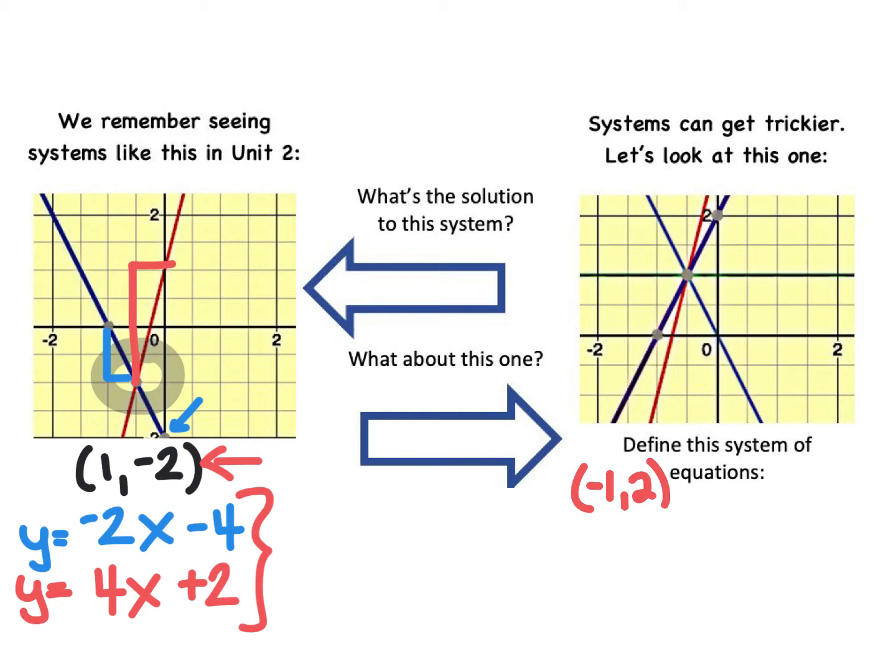So take a second, pause the video, and see if you can write an equation for each of the lines that you see. So I started with what looks like kind of a purple line. I've labeled it number 1. The slope is 2, and it crosses the y-axis at 2, so it's this one. The red line has a slope of 4, so it'd be y equals 4x.